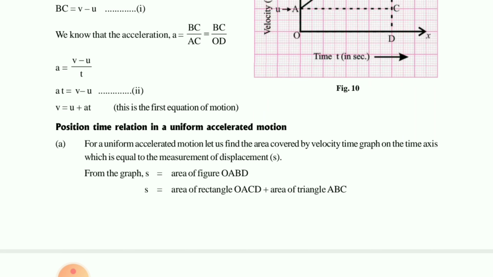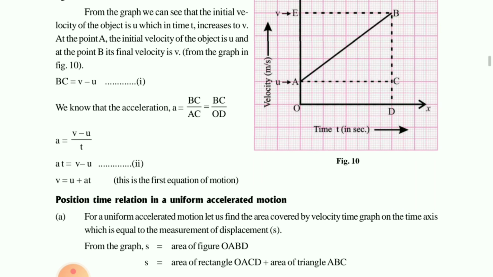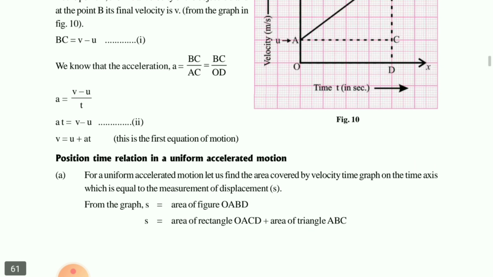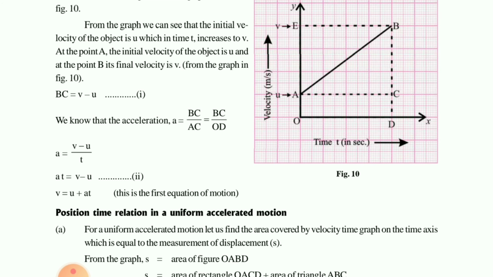Then same logic children, what we had seen in the same video in the last activity, that is activity 2. From the figure ABCDO, ABC is a triangle, AOCD is your rectangle. So we will see the area of rectangle, that is OACD, and area of triangle, that is ABC.